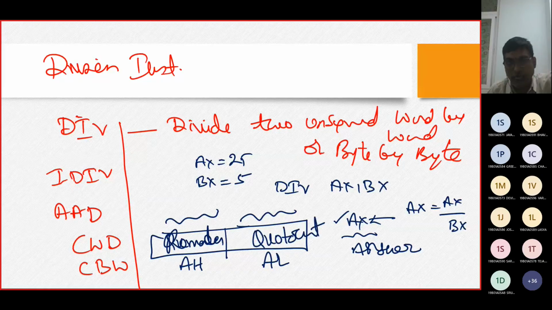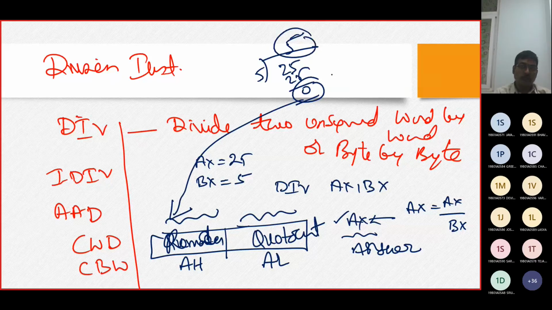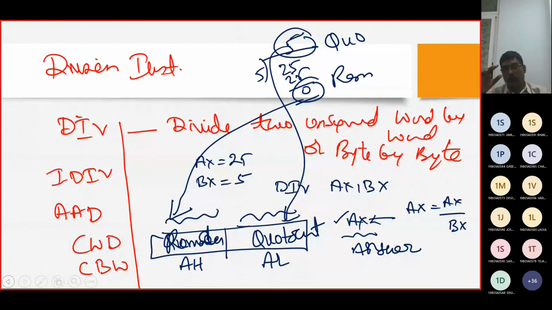So in AH we will have the remainder part, and in AL we will be getting the quotient part. I'm just putting this here. So 25 divided by 5 is 5. Now this 0, the remainder part, is going to be stored into the high order bits of the accumulator, and the quotient part 5 is going to be stored into the low order bits of the accumulator.